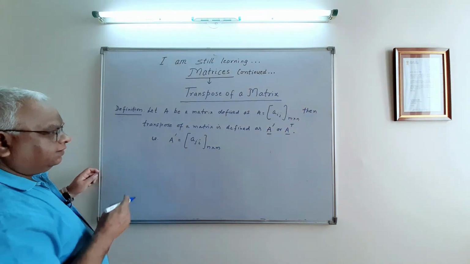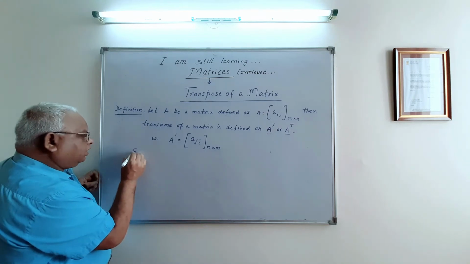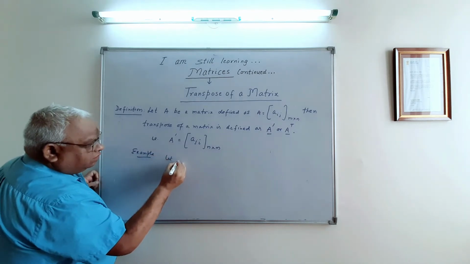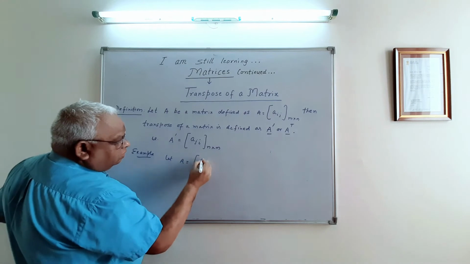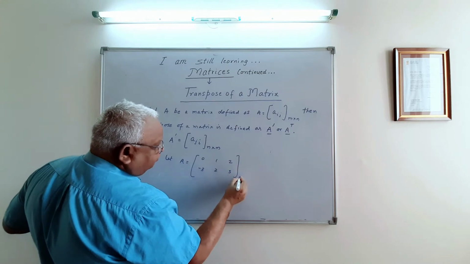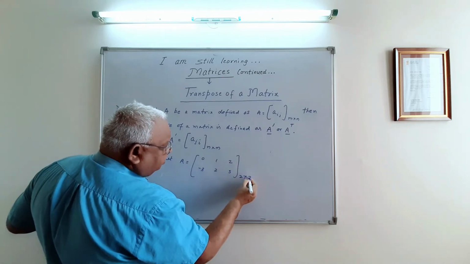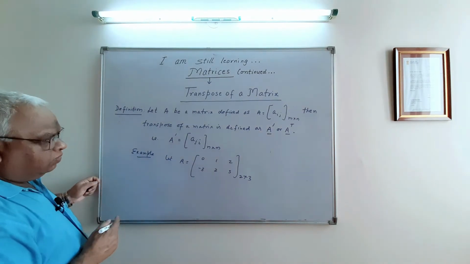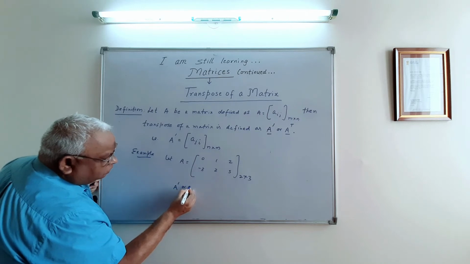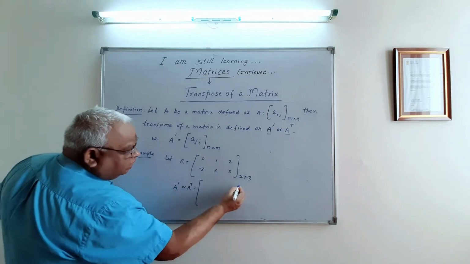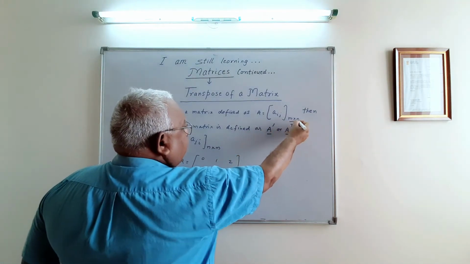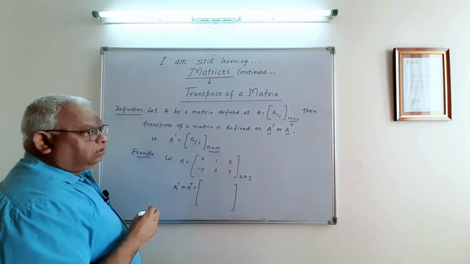To understand it in a better way, let us take an example. Let A is equal to 0, 1, 2, minus 3, 2, 5. Suppose this is an example of order 2 cross 3. So if I want to find out A transpose, then first of all, I need to understand that m cross n will change to n cross m.